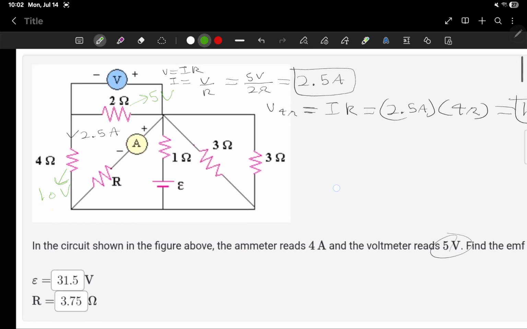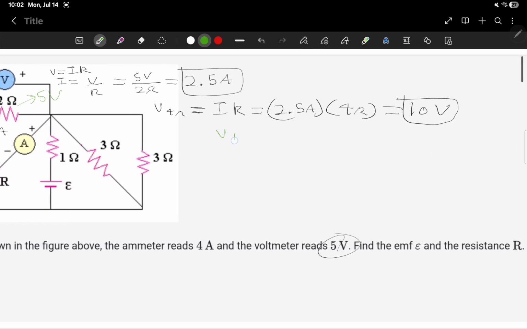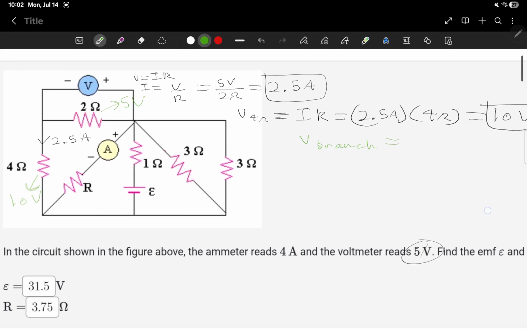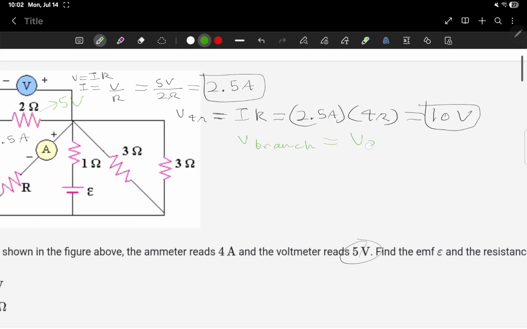Awesome. So now I can add up these voltages and find the voltage in a single branch. I'll call it V branch. So the voltage of the 2 ohm resistor plus the voltage of the 4 ohm resistor is equal to 5 volts plus 10 volts. That gives me a total of 15 volts in a single branch.